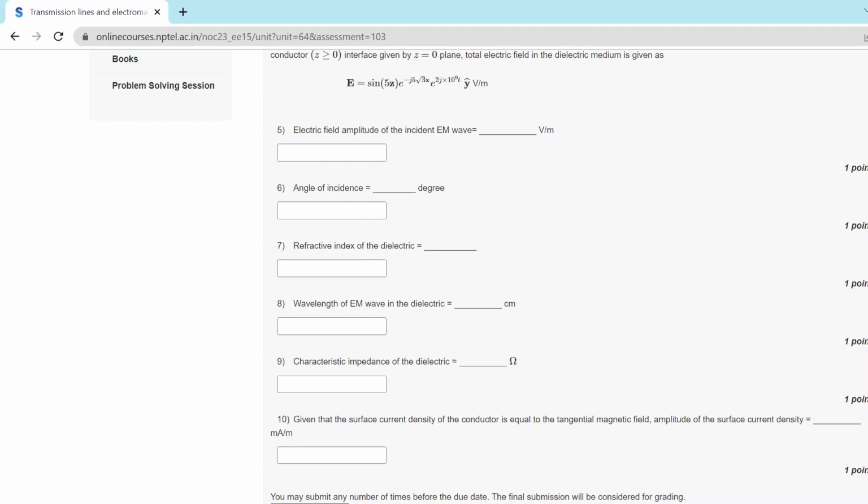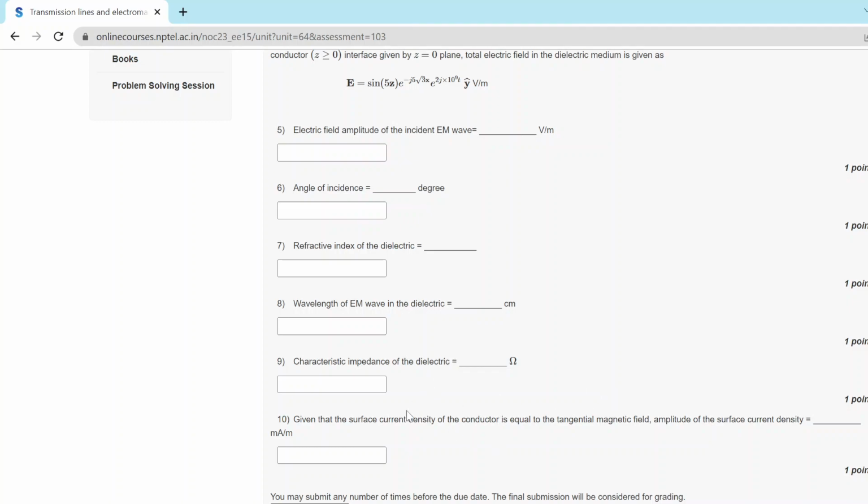Given that the surface current density of the conductor is equal to the tangential magnetic field. Okay, so surface current density is Js. So Js is equal to the tangential magnetic field. Then you need to calculate the amplitude of the surface current density. So this is about vectors getting equated.